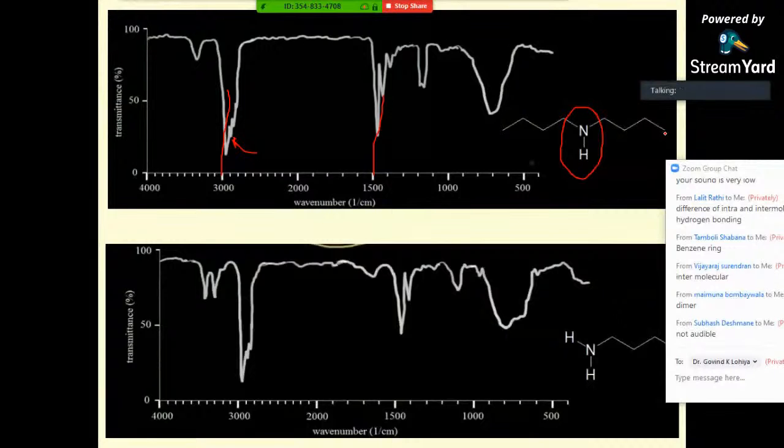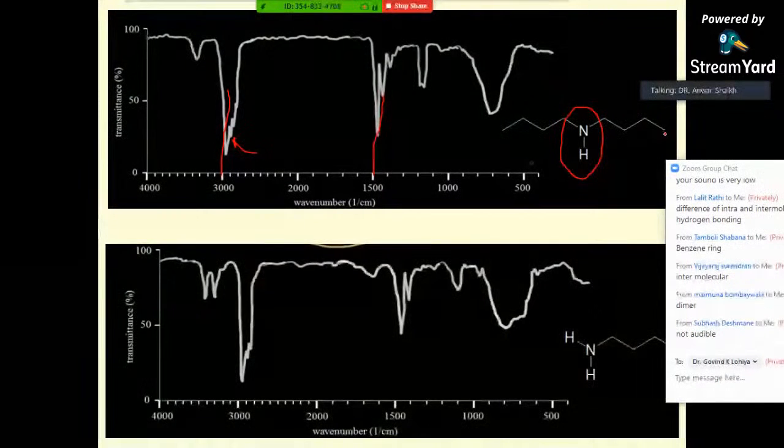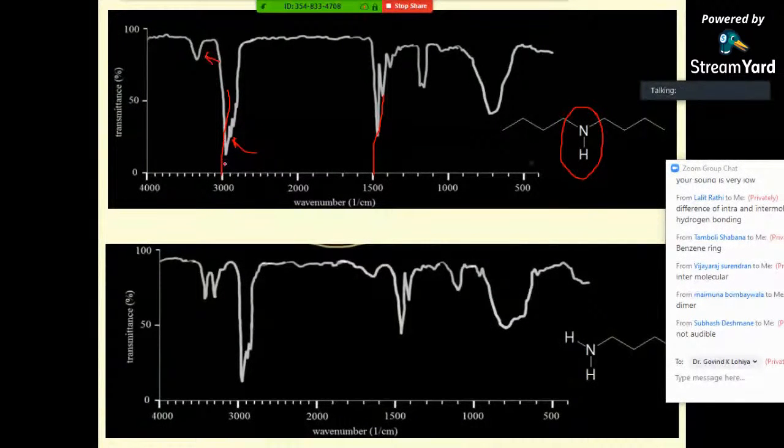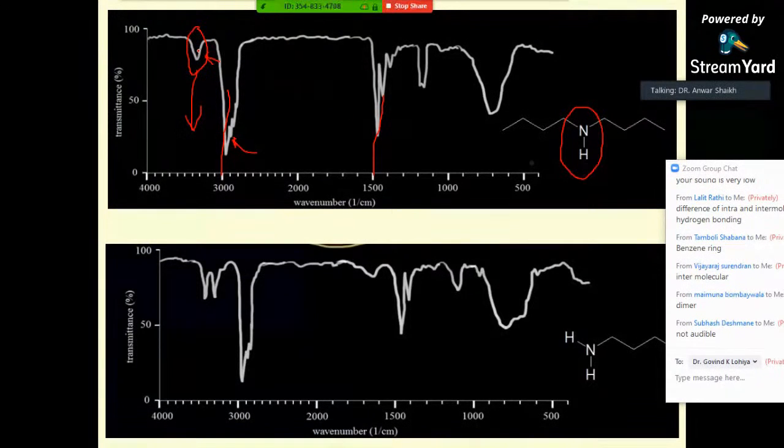Okay. And along with that, if you see this side, maybe in that 3400 to 3300 region, if you are getting this peak, this peak is due to NH stretching. Because here OH and NH give this peak.